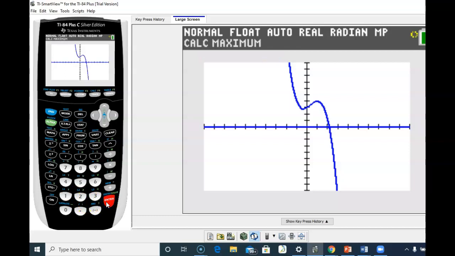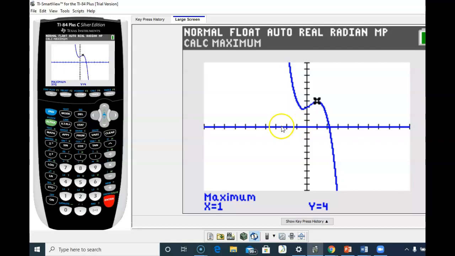And enter. And so here's my maximum. My maximum is at the 0.14. So the maximum occurs at 1 and the maximum is 4. And these are local minimums and local maximums. We'll talk more specifically about that later. But I just wanted to kind of include everything with the calculator today so that you'll be good at doing that.